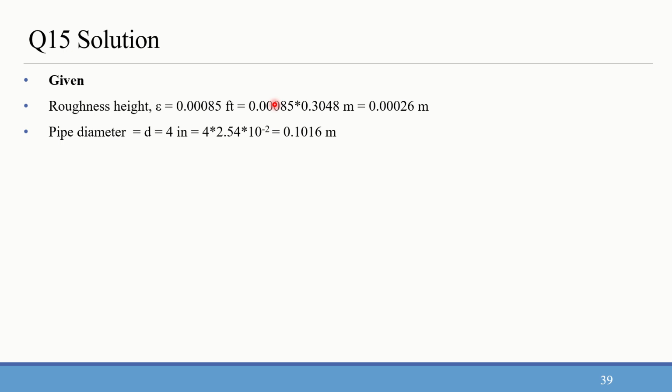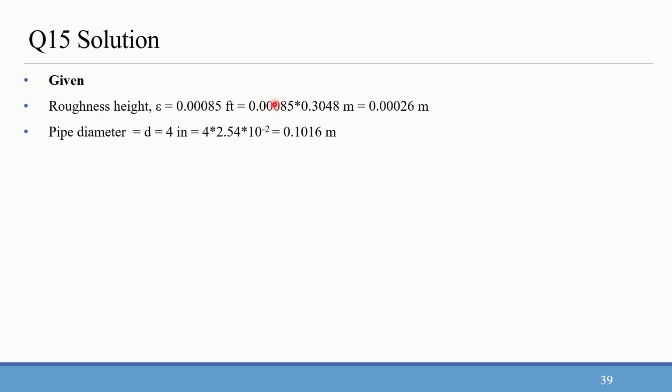So it becomes 0.00026 meters, and the pipe diameter is 4 inch, which is 4 into 2.54.